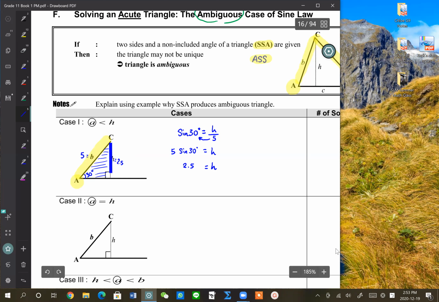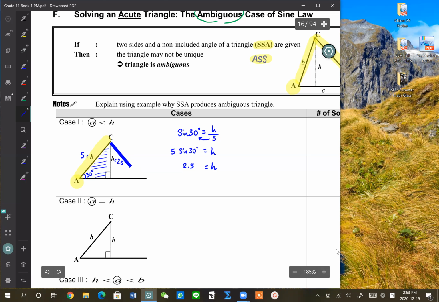As you can see, if the other side is 2, then it cannot touch the base. The triangle cannot close up. If I swing it, it will be even further away from the base. So no matter where I place the side A, it's never going to close up and touch the base.